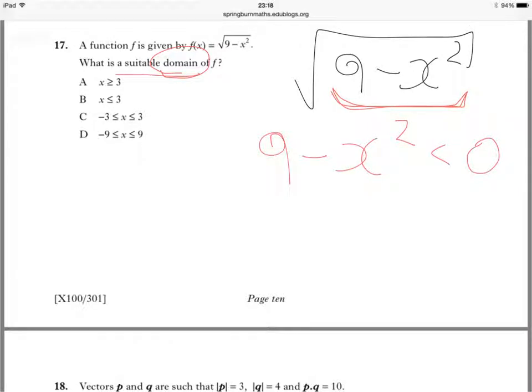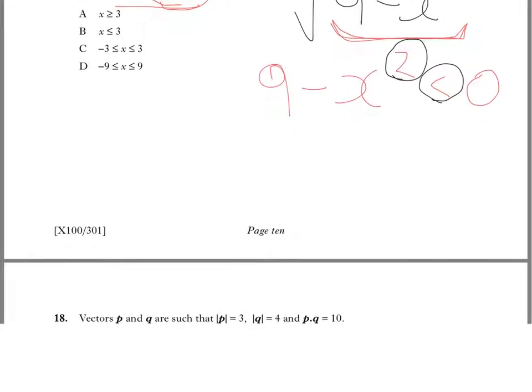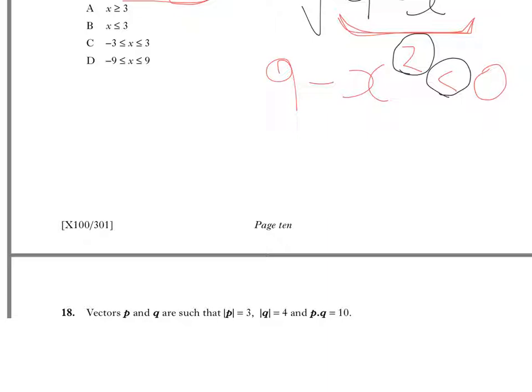Now what we can see is this has turned into a quadratic inequality. And to solve a quadratic inequality, we need to make a sketch. The first thing I would say is it's a negative x squared, which means it's an upside down U-shaped parabola. I'm now going to find my roots by making the function equal to 0.